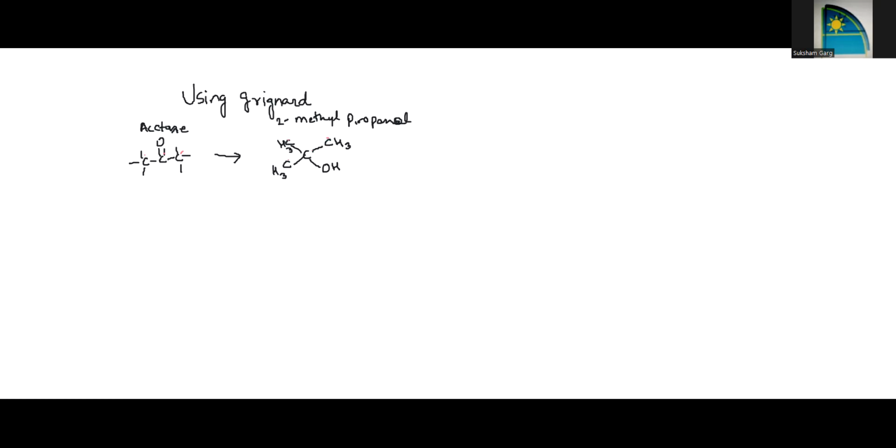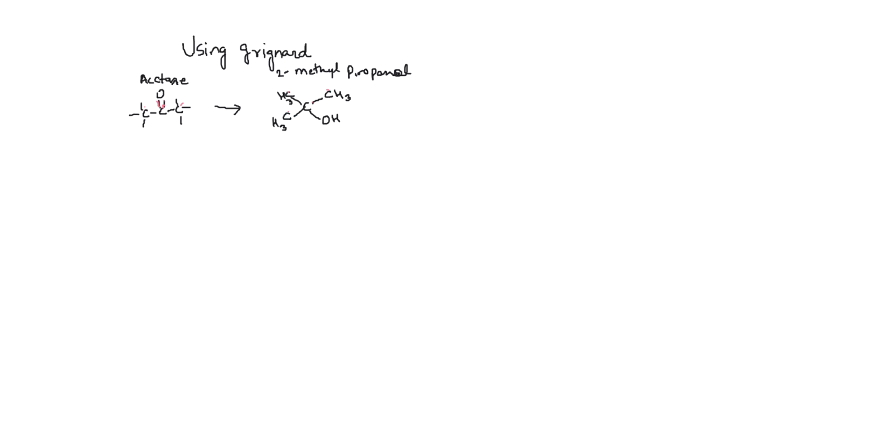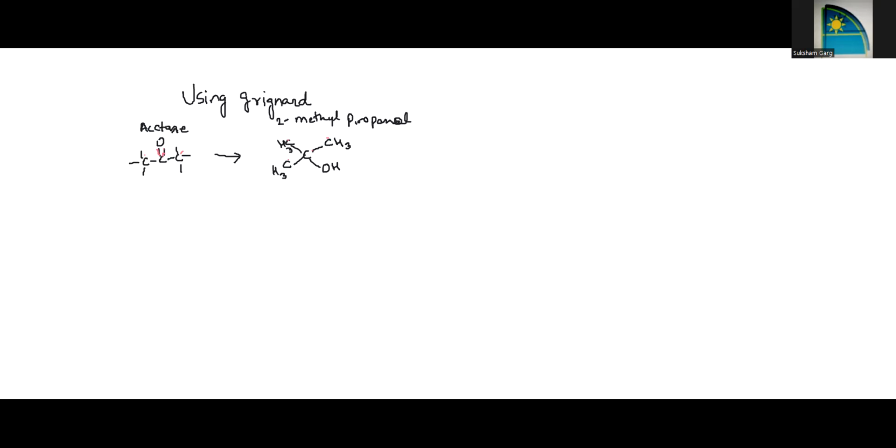But in this case, I cannot try with CN nitrile. Why? Because this compound contains a double bond, and double bonded compounds have the tendency to undergo addition reaction, not substitution reaction. So how are we going to go about with this kind of reaction?